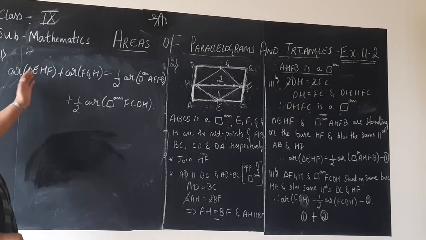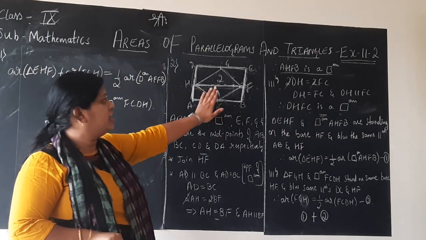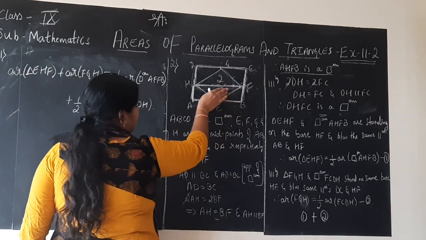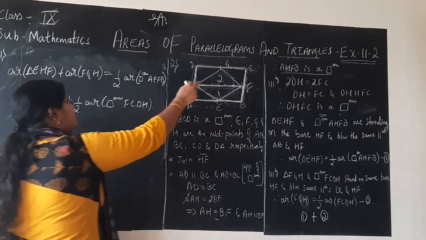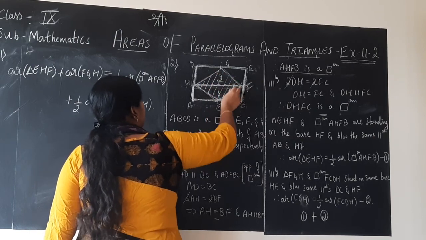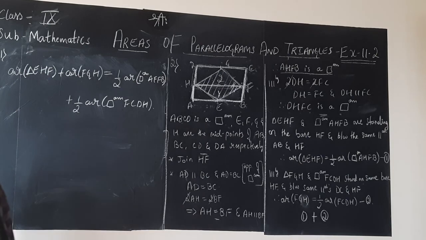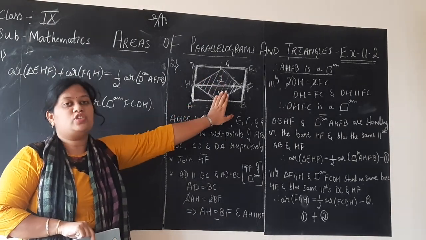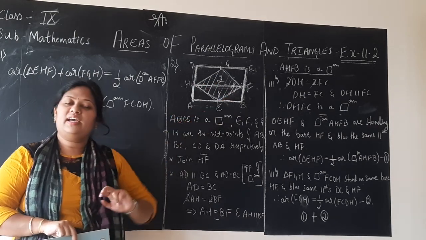If you add those areas and compare with the figure here, children, area of EHF is the first triangle, area of FGH is the second triangle. When you add, what you get is this new area. It is nothing but the area of the inner parallelogram which was formed by joining the midpoints EFGH, isn't it?